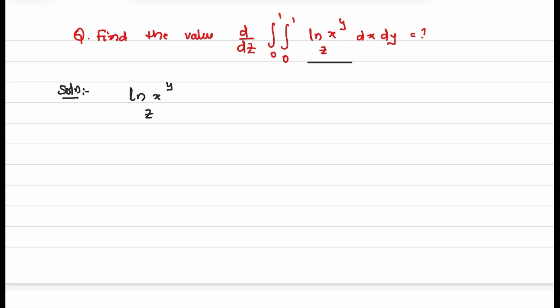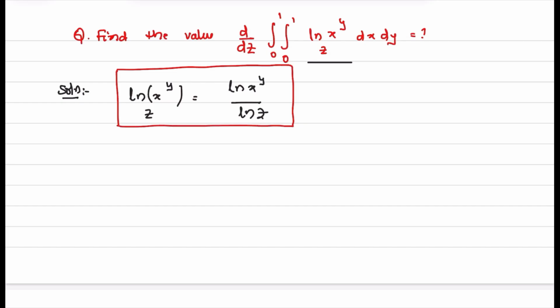From the basics of logarithm, if any question comes like this, it should be written as ln x to the power of y divided by ln z. Please remember this. Why is it so?